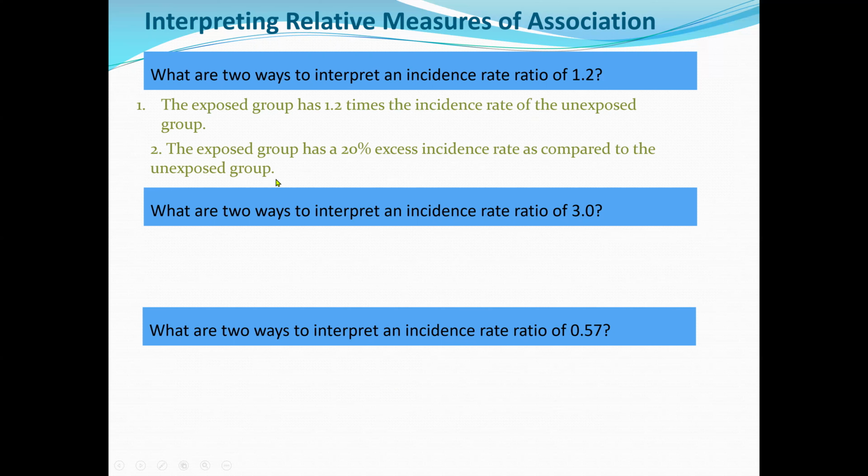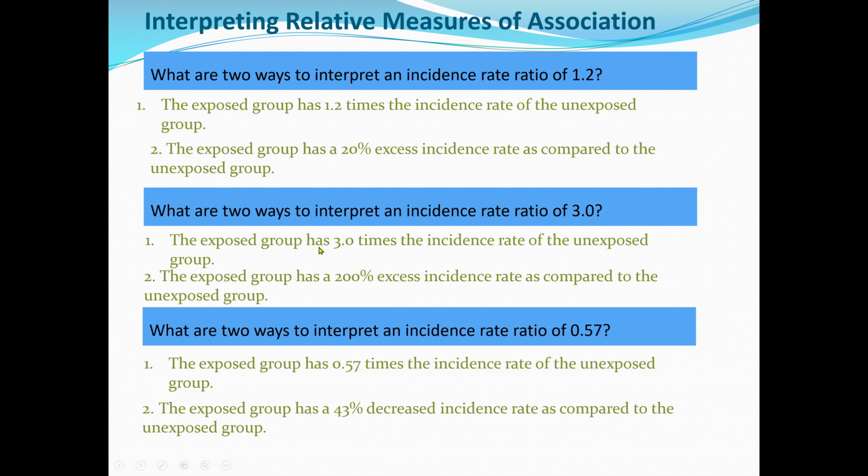Or we can say 1 minus 0.57 will give me 0.43, which will be 43%. So 43% decrease. The exposed group has a 43% decrease in incidence rate as compared to the unexposed group. So again, this section really teaches how to interpret our results when we get our relative risk value.